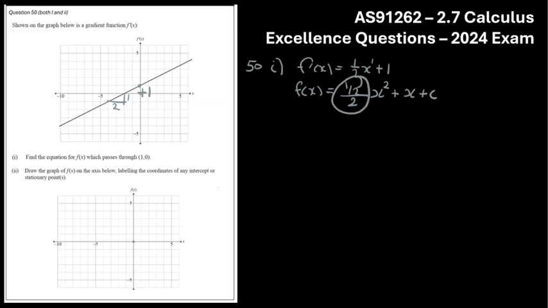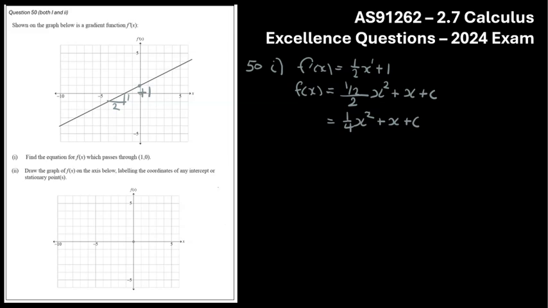I'm now just going to simplify that messy fraction, and remember that 2 is going to drop down, so that becomes 1/4 of x squared plus x plus c. So we've got the original function here.